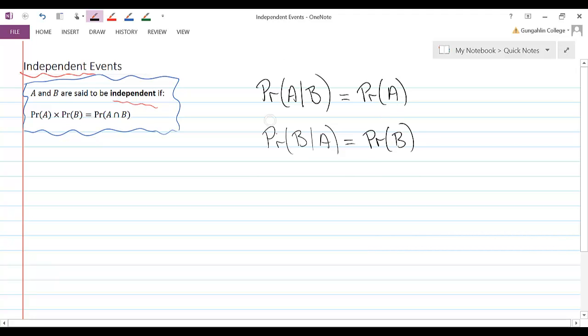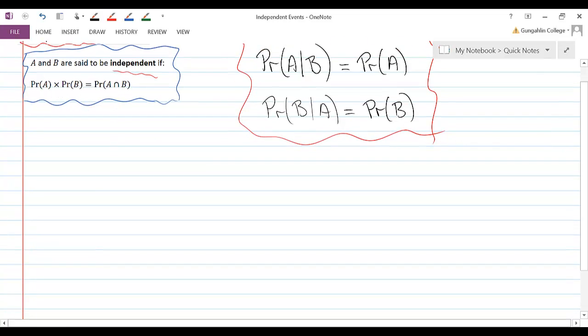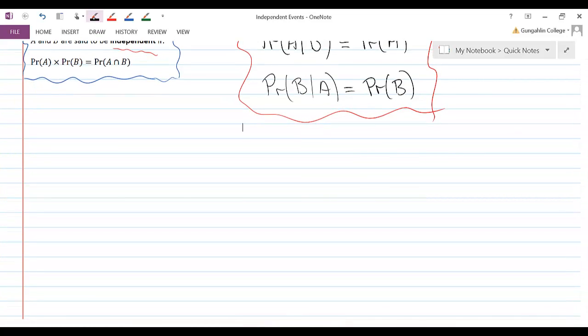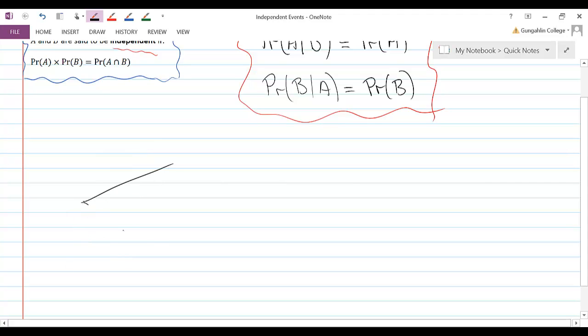And if we take this bit of knowledge, we can get to this result in a couple of ways, and I'll show you how. The first way is to think about a probability tree. First, A is going to happen or not happen, and then B is going to happen or not happen.